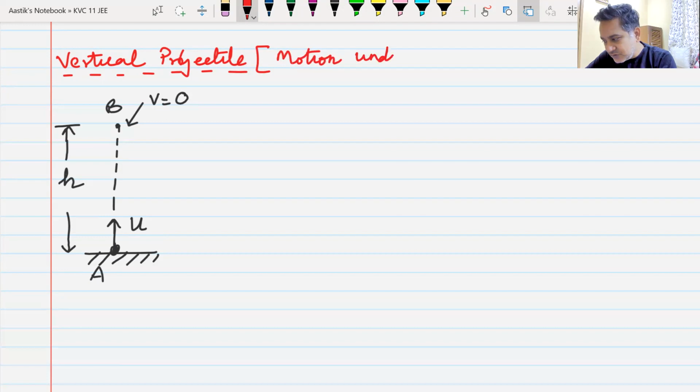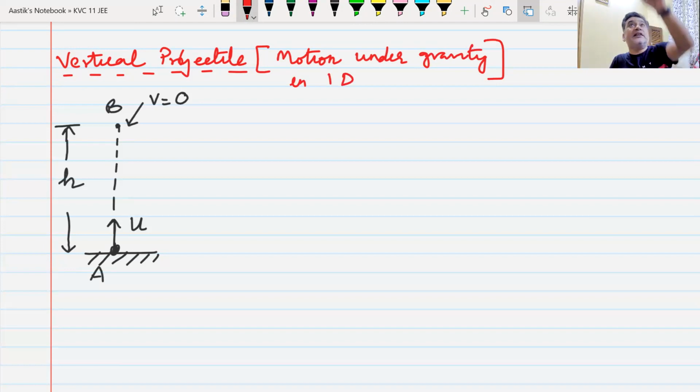This, what you see here, is projectile motion. Motion under gravity. We have done it in one dimension. I was just throwing it vertically up, and it was coming vertically down. That is also projectile motion because it satisfies all the conditions that we have written.